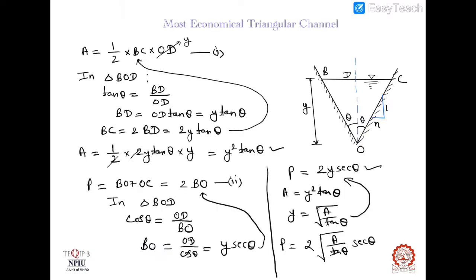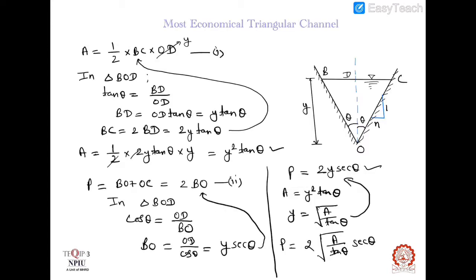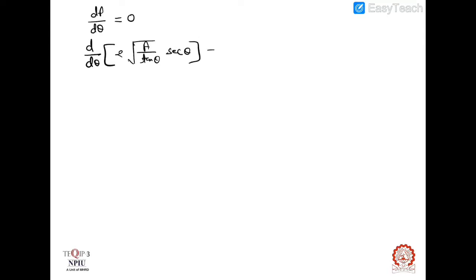dP upon d theta, d upon d theta, what is perimeter? 2 root over A divided by tan theta into sec theta is equal to 0. 2 root A is constant in this term because we are keeping area of flow as constant and varying the perimeter. 2 root A is constant, we are taking it out of this bracket. d upon d theta of sec theta divided by root over tan theta is equal to 0.